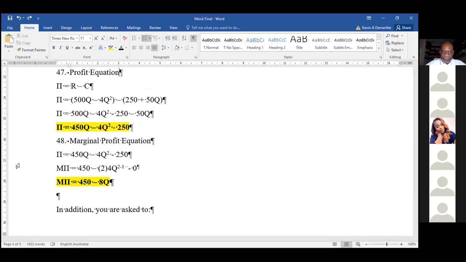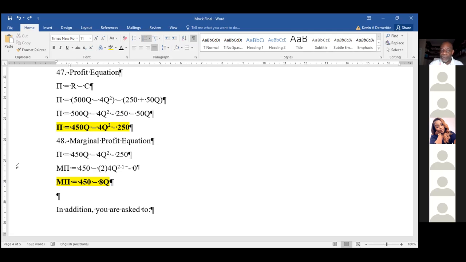Now, we have a number in front of a letter. That sounds like rule number 2. Rule number 2 says if you have a number in front of a letter, the slope of that function with respect to that piece is just the number. So 450Q becomes 450.